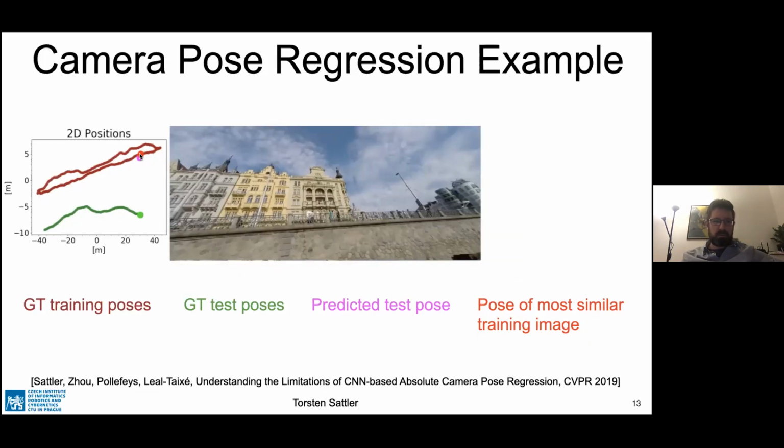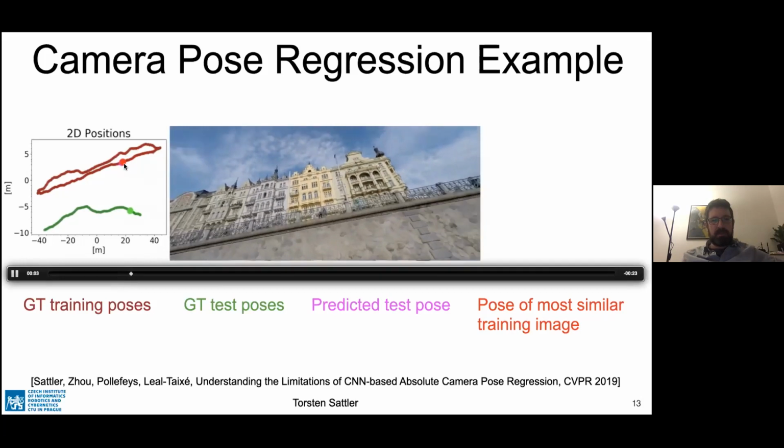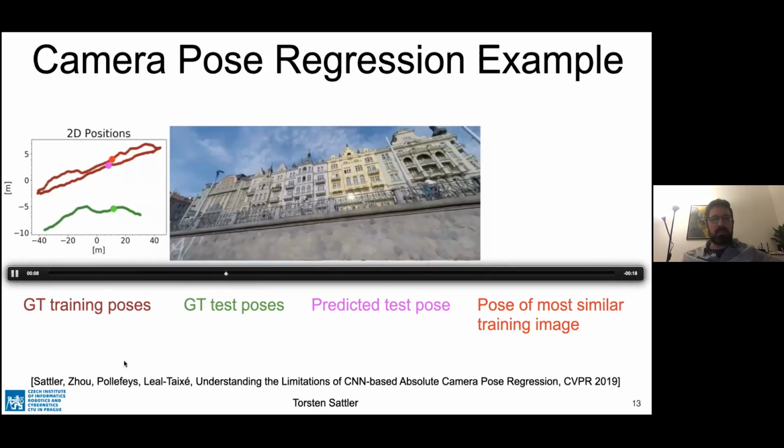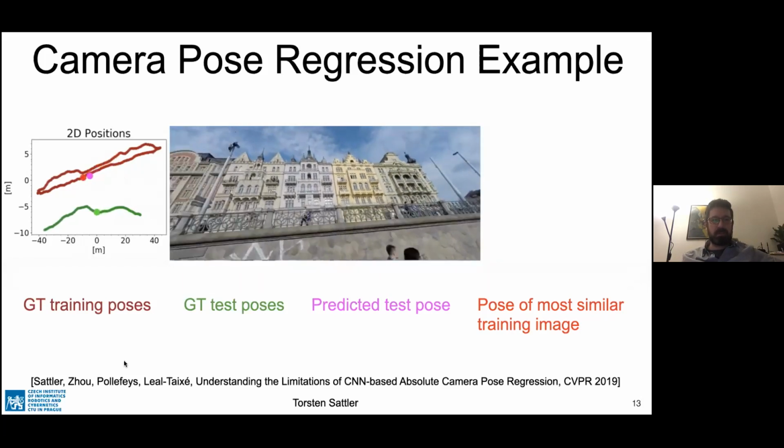This is the position of the most similar training image. And ideally, what you want is that this predicted position is close to the ground truth position. But what actually happens is that the predicted pose is essentially always close to the training images, never to the test poses.